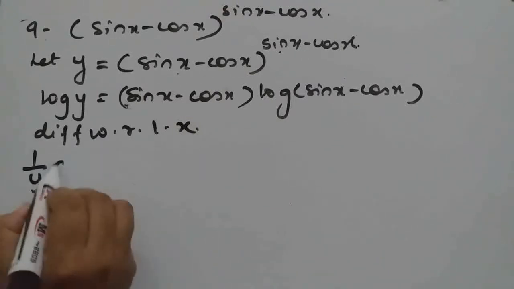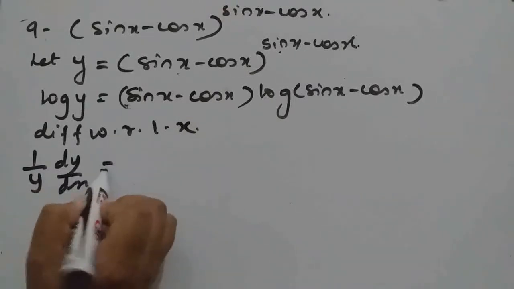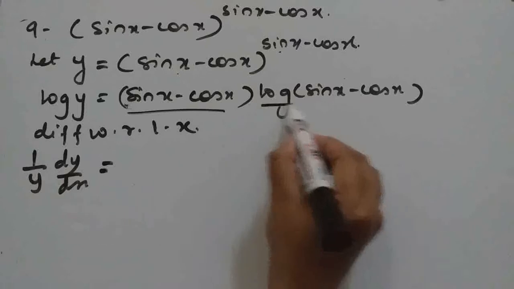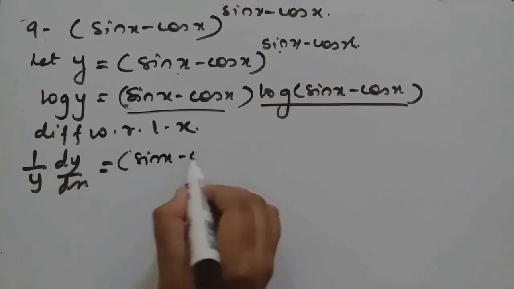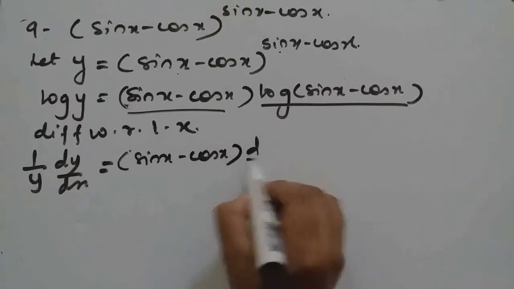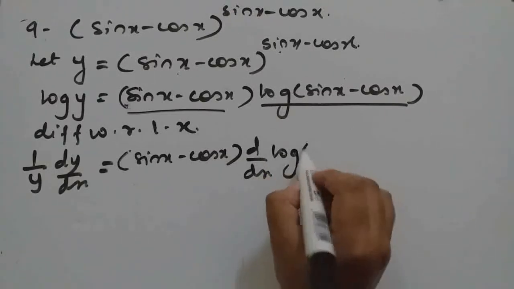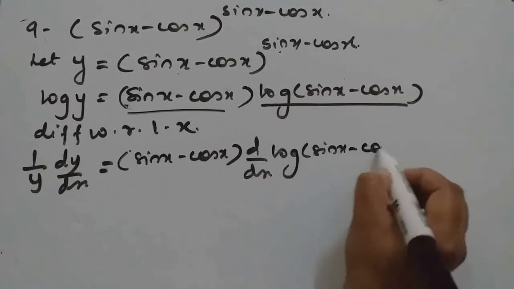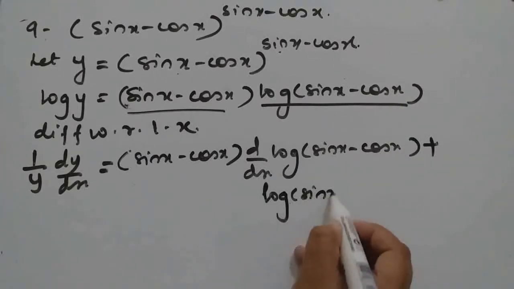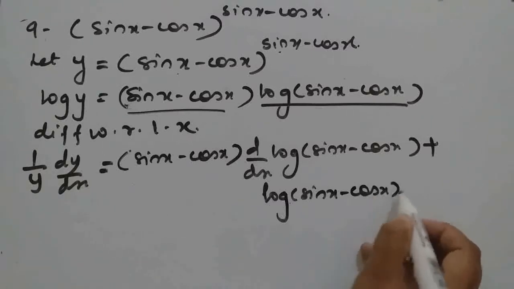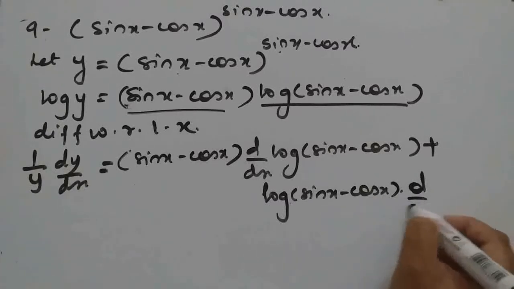So 1 by y dy by dx. See, these two functions we can consider, then the product rule we can apply. So sin x minus cos x same, derivative of the second function, plus second function same, and derivative of the first function.